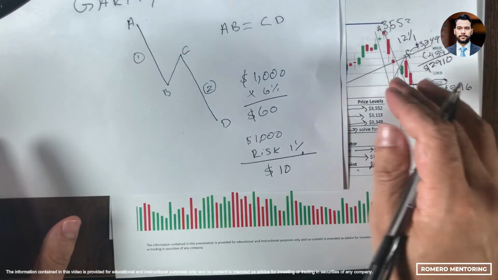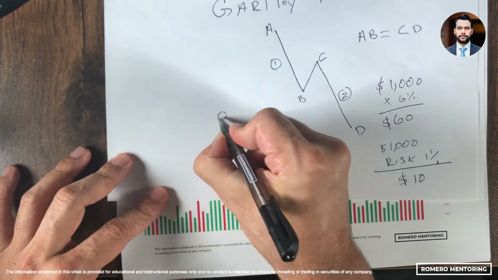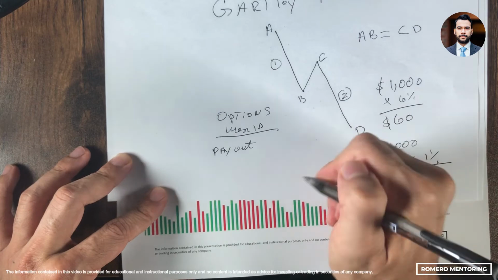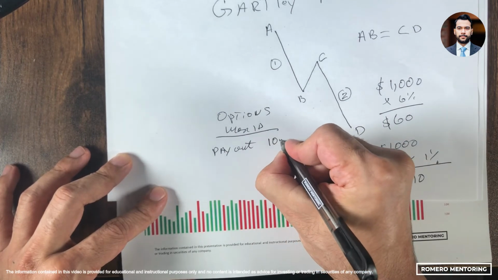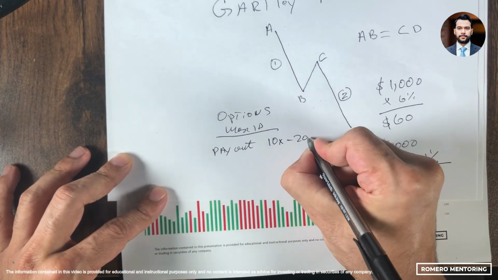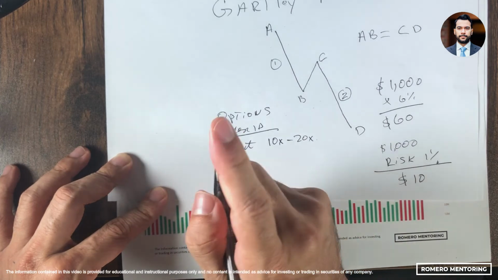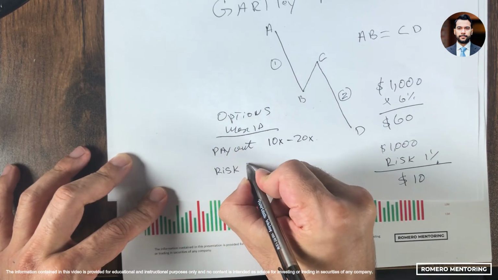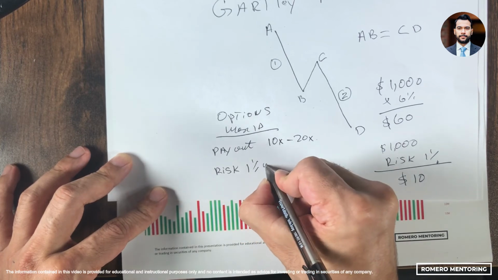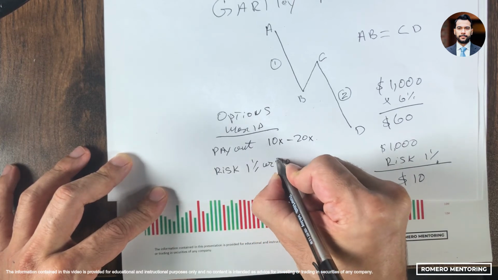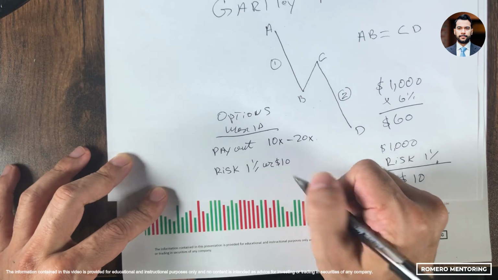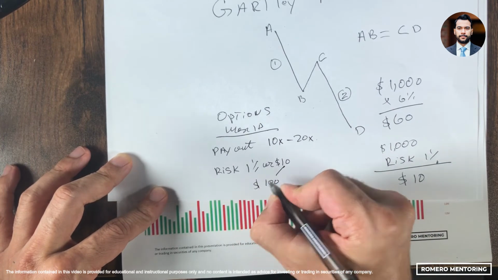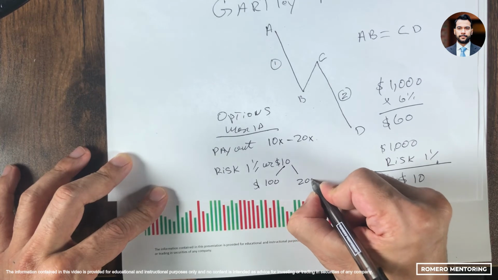What do I mean by that? In the options world, the payout for this type of trade, I'm looking from 10 to 20 times, which means if I risk 1% of my capital or $10, my potential payout could be anywhere between $100 to $200.